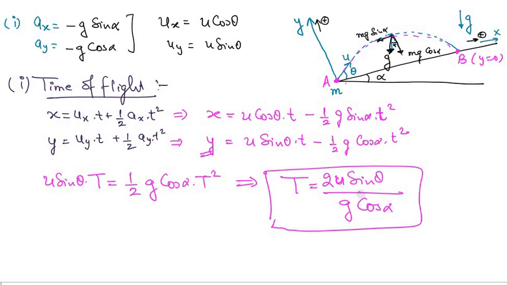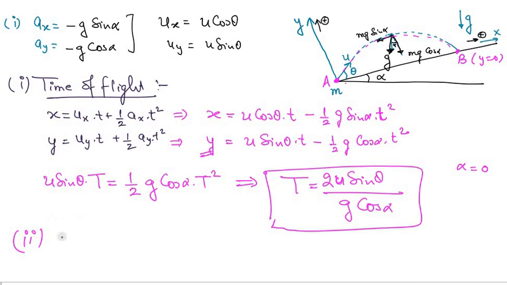Let's see whether we are getting the old result or not. If you put alpha equal to 0, that is the horizontal motion, cos alpha becomes 1, so your time of flight exactly matches the previous solution, that is 2u sin theta upon g. Now I am assigning homework. Similarly, you can find the other two parameters in the same way I discussed earlier.